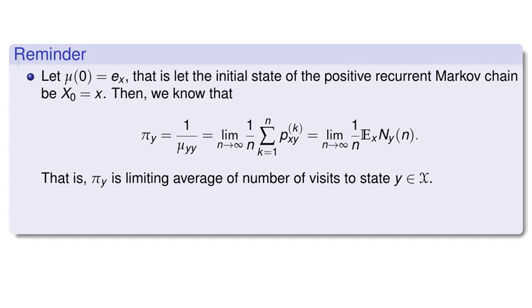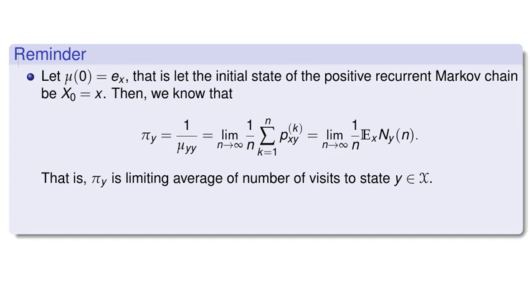Then we know that pi sub y, which is 1 over mu sub y, is equal to the limit as n approaches infinity of 1 over n times the sum from k equals 1 to n of p sub xy superscript k. This is also the limit as n tends to infinity of 1 over n times the expectation, starting from x, of N sub y of n.